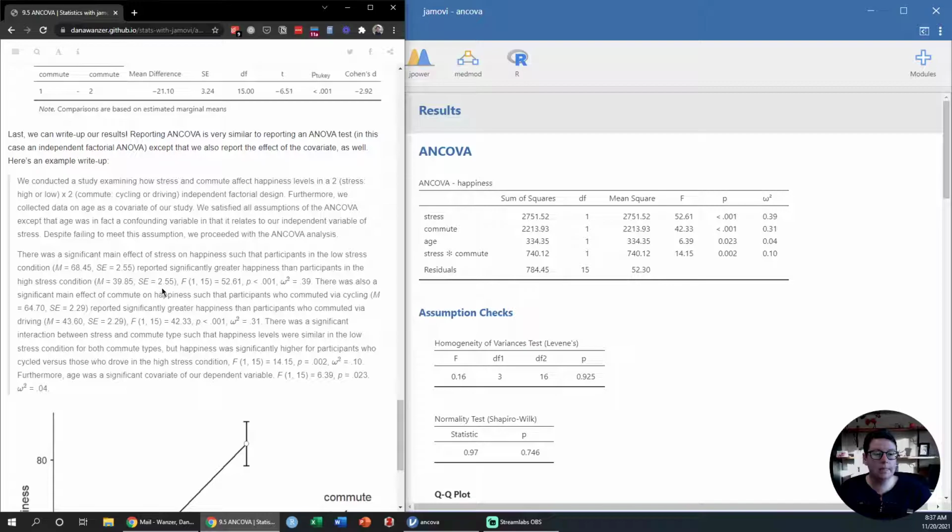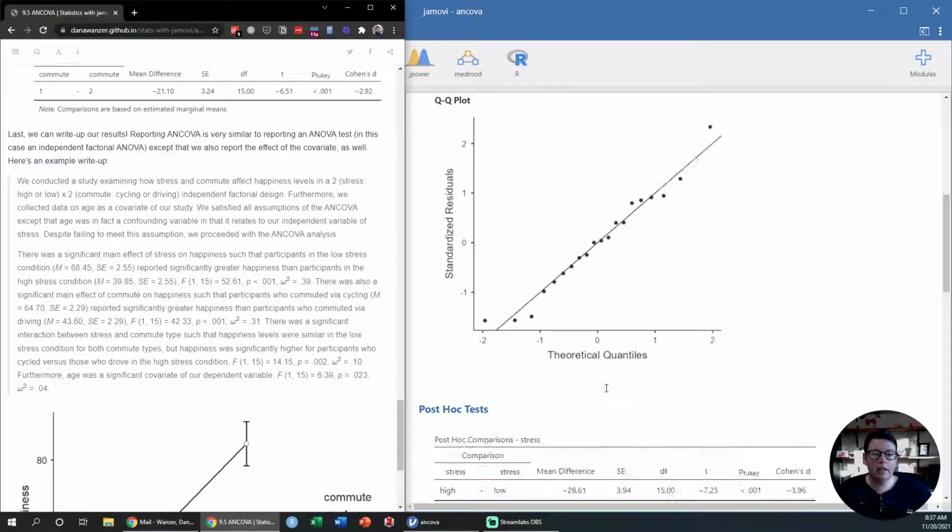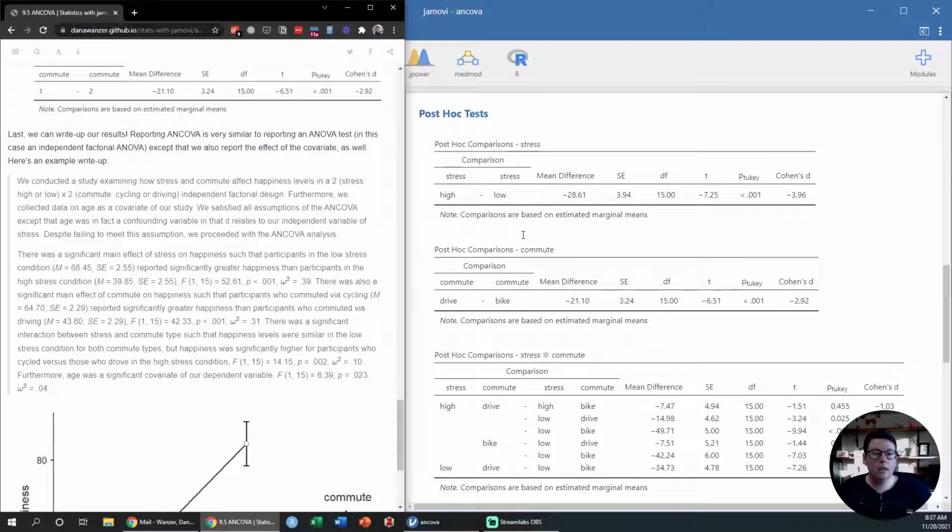So I pulled the means and standard deviations and the F(1, 15) = 52.61, etc. There was also a significant main effect of commute on happiness, such that participants who commuted via cycling reported significantly greater happiness than participants who commuted via driving.